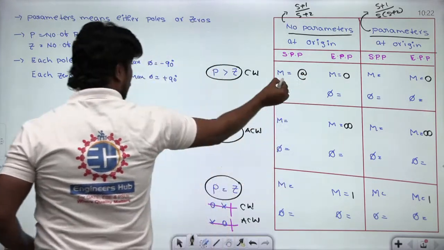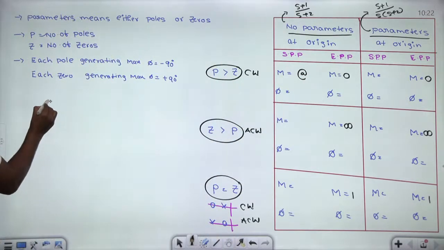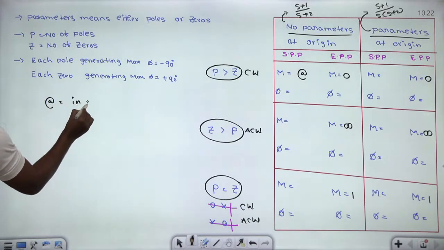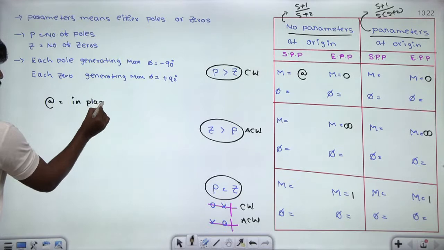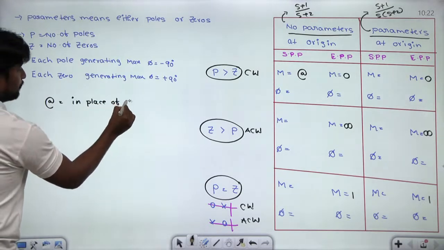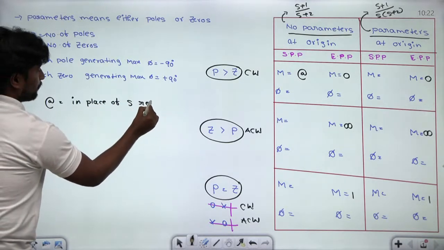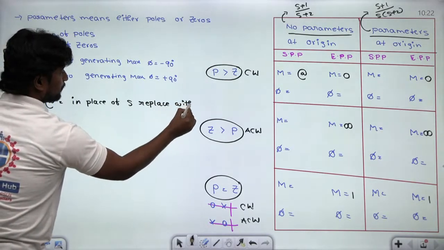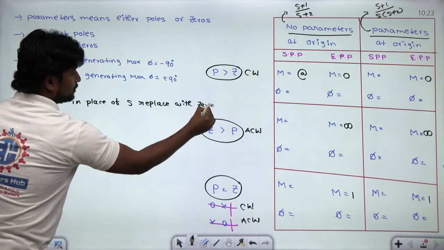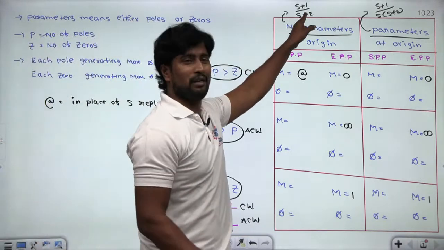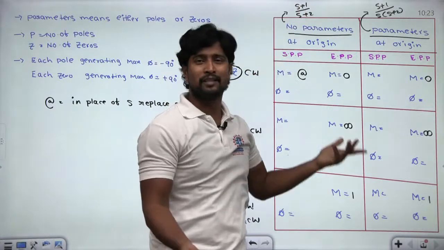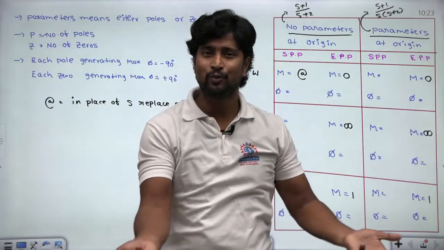The meaning of that symbol is, in place of s, replace with 0. For example, what is the starting point magnitude? In place of s, replace 0. Then whatever the answer is, 1 by 2. Starting point magnitude equals 1 by 2. That's enough.